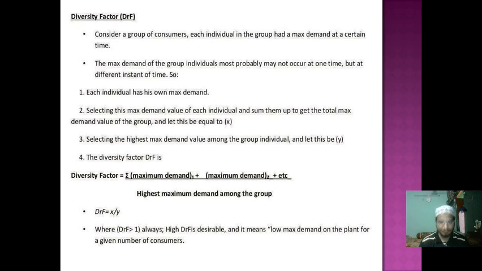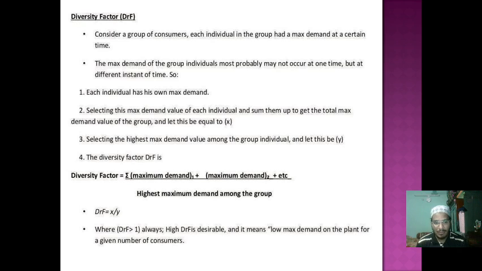We are not manufacturing any product here; we are producing power. So we can say 10 kilowatts, 20 kilowatts, 30 kilowatts, 40 kilowatts, 50 kilowatts. These 5 customers want different maximum demands.